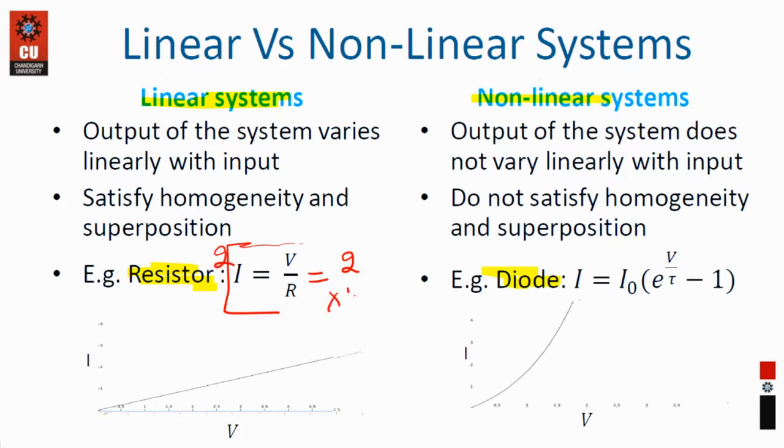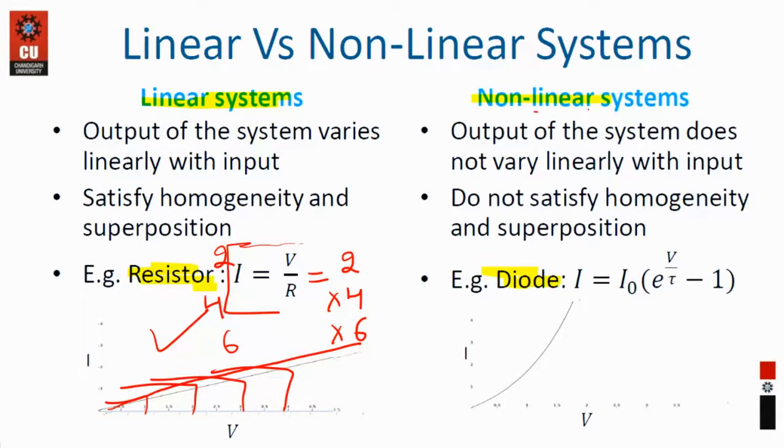If I increase my voltage to 4 times, my current will also be 4 times. If I increase my voltage to 6 times, my current will also be 6 times. And I can make a graph over here: 1 for 1, 2 for 2, 3 for 3, 4 for 4, and so on. The graph will be a linear graph. So it is a linear system.